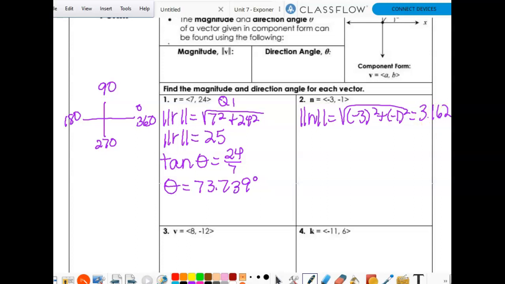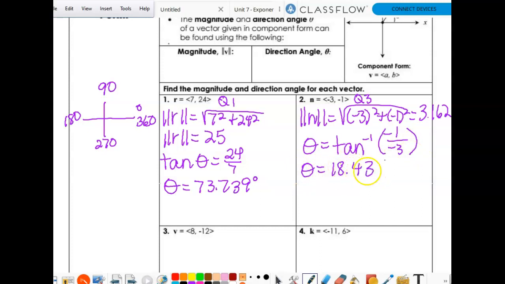Okay, next, I want the direction angle. And which quadrant is negative and negative? Third, right? So I need to end up in the third quadrant. So when I find my theta, I'm going to do the inverse tangent of -1 over -3. And when I do that, I get 18.435. Did anybody else get 18.435?